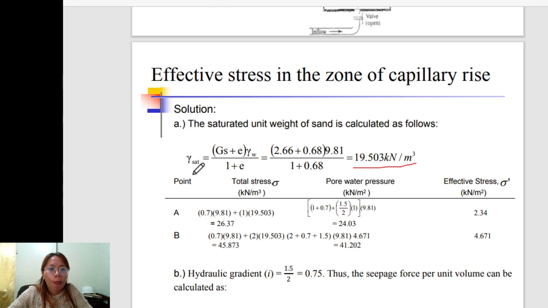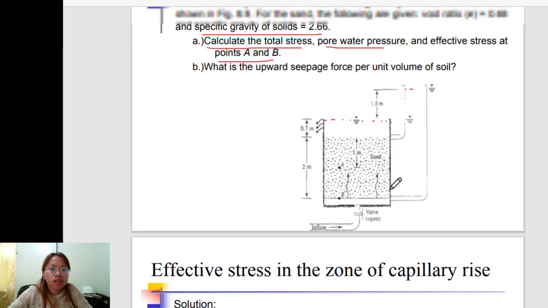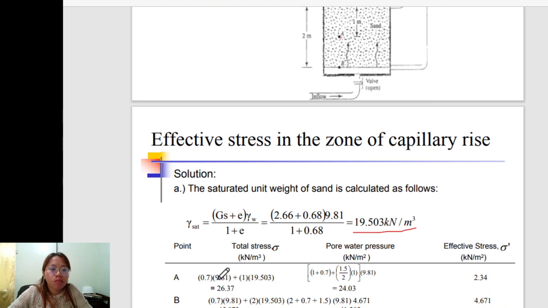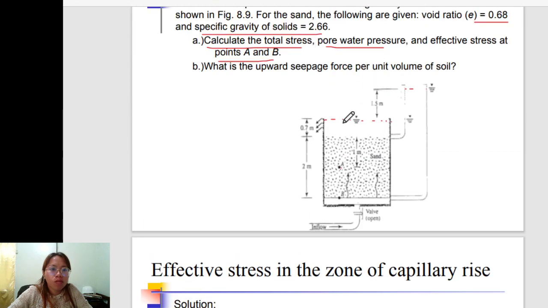For point A, in this table, the total stress is 0.7 plus 1, times 9.81. This is due to the water pressure on top, since the water is here.